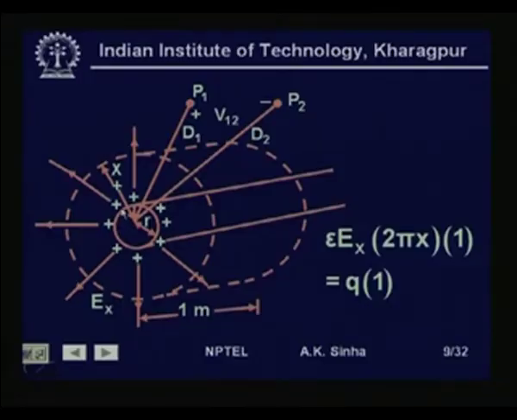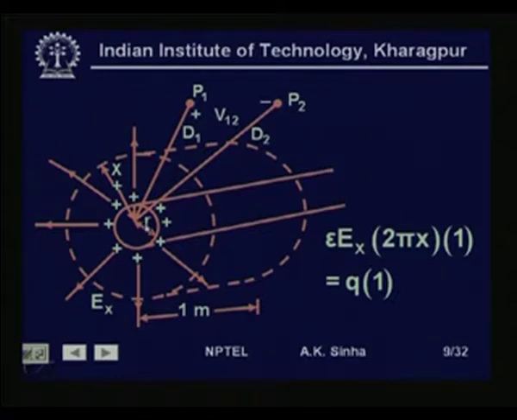This we can see in this figure very clearly. Let us say we have a very long conductor of radius r, and this is charged with q coulombs per meter.